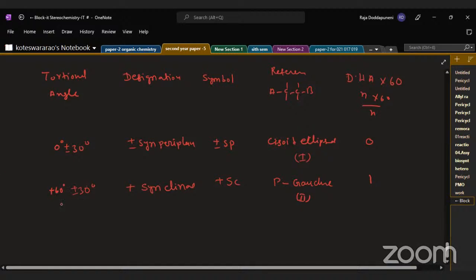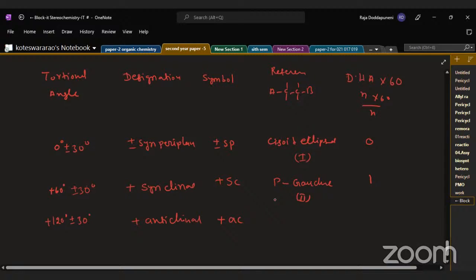Now, coming to plus 120 degrees, plus or minus 30. If it is minus 30, 120 minus 30 is 90 degrees. If it is plus 30, 120 plus 30 is equal to 150 degrees. Now this is considered as plus anticlinal, mentioned with plus AC.